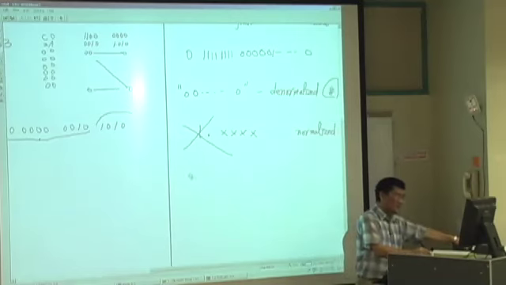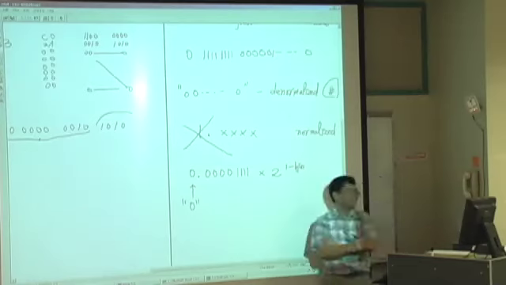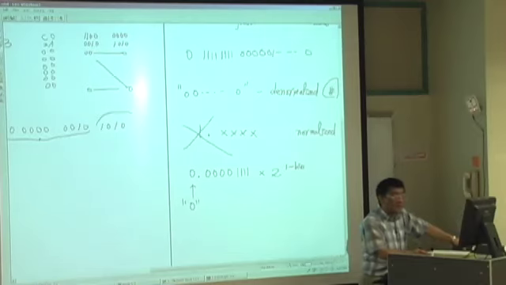Oh, what about just 0.00000 something? So it should be 0, and then 000 something. Then it's not normalized anymore.